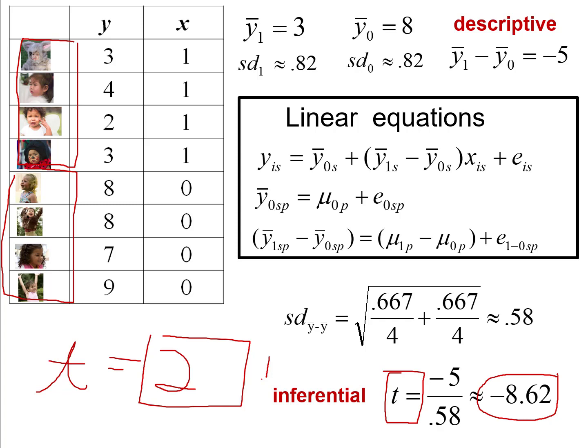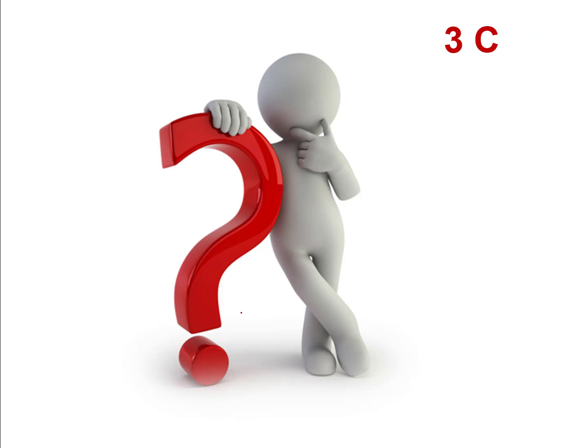So we reject that null hypothesis, and we say we have a significant result, and we have detected a non-zero difference between these two groups. And this completes everything for Part C of Unit 3.